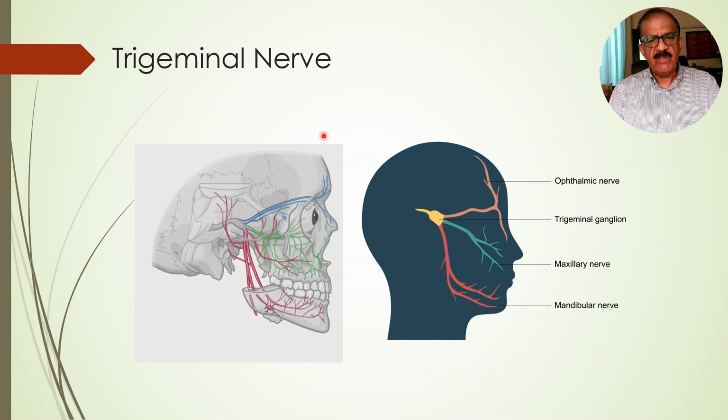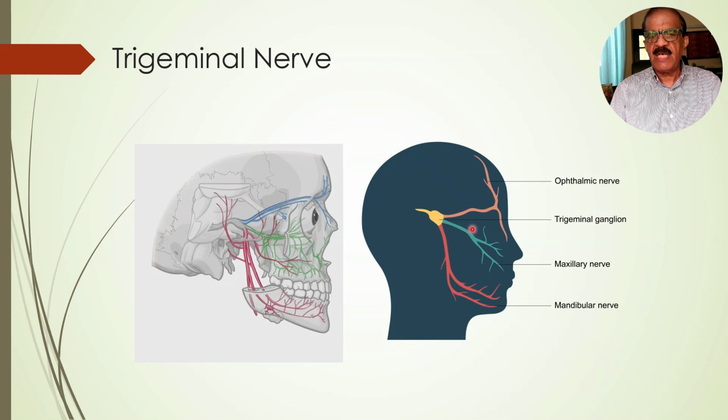This is trigeminal nerve. Trigeminal nerve is the fifth cranial nerve, and this comes out from the brain, and it has three branches: the ophthalmic branch, maxillary branch, and mandibular branch. It also provides the sensation to the mucosa of the mouth, and also the cornea, providing the basis of corneal reflex.